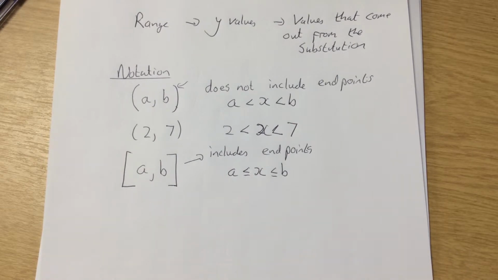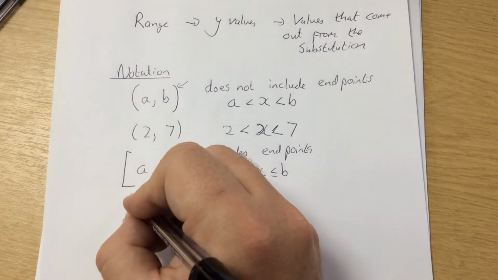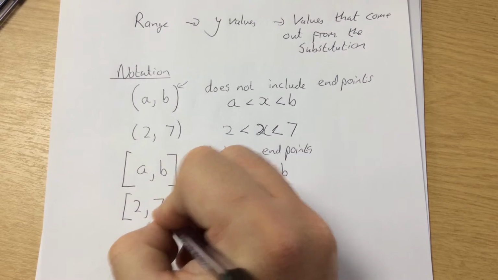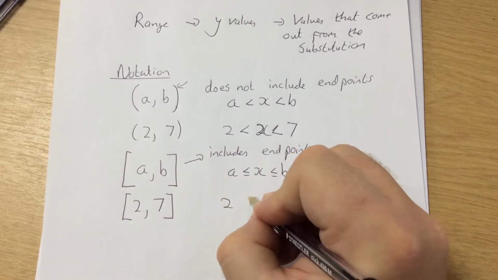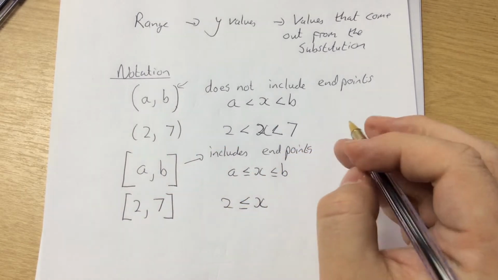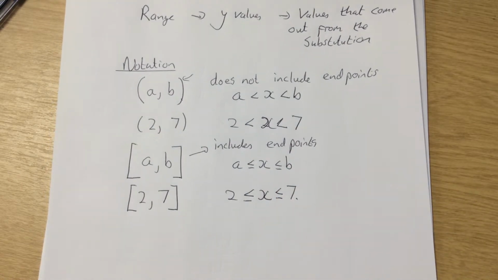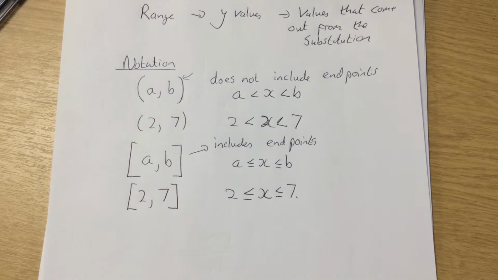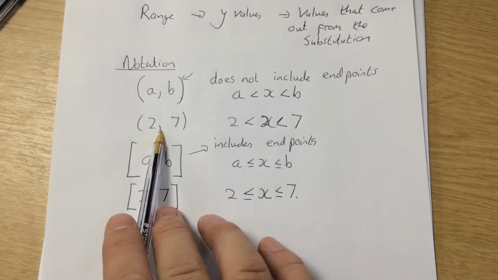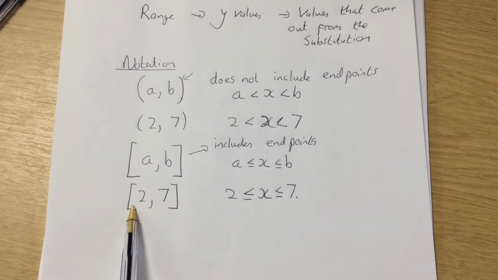An example of that, with the same numbers: x is bigger than or equal to 2, but less than or equal to 7. So it's important you understand that a round bracket doesn't include the endpoint, and a square bracket includes the endpoint.